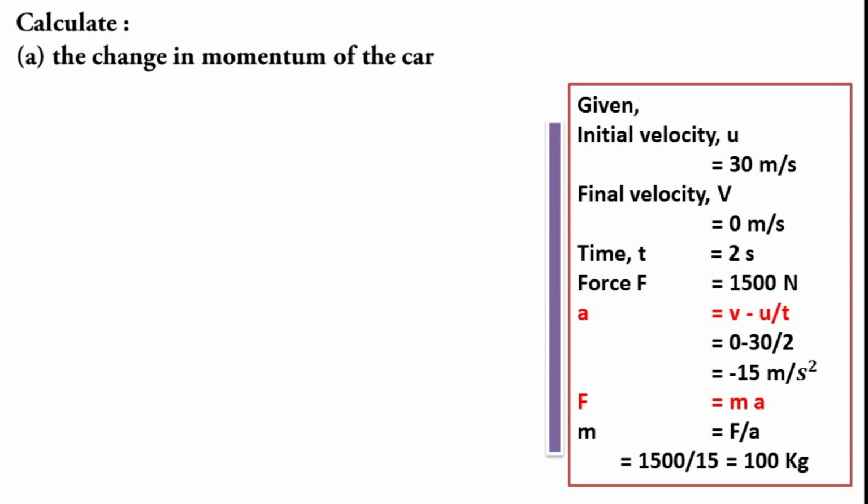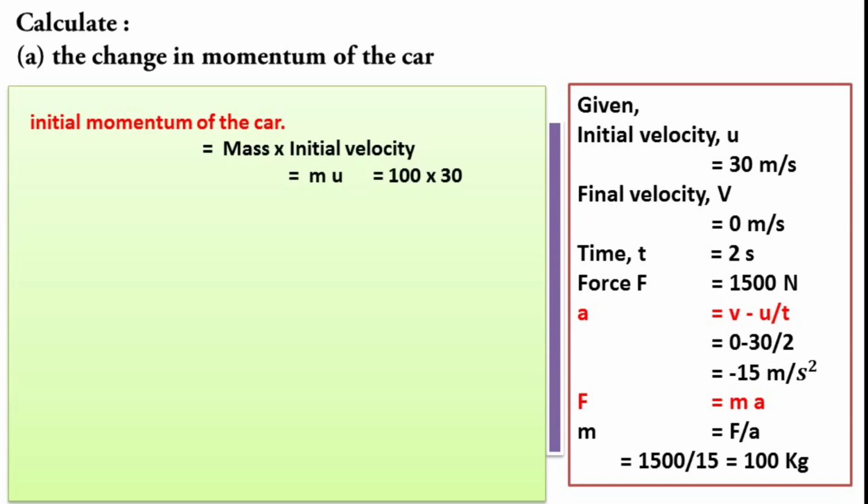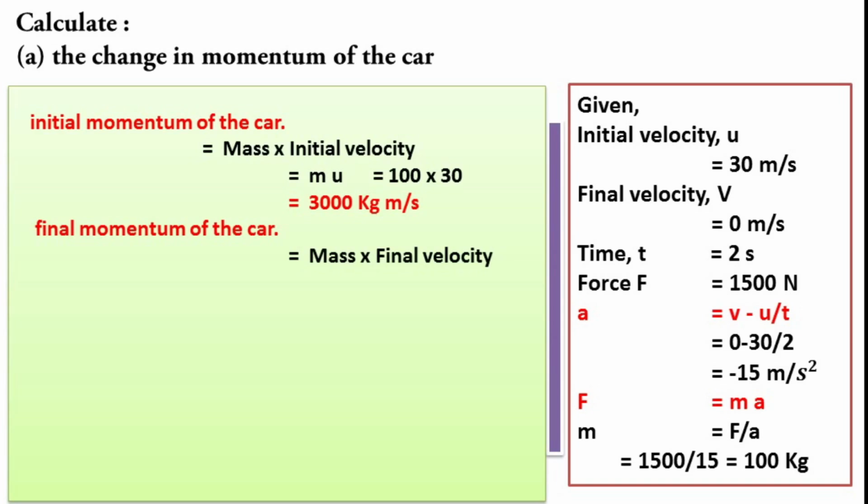Now let us do part A, the change in momentum of the car. We know initial momentum is equal to mass into initial velocity, which is equal to 100 into 30, which is equal to 3000 kilogram meter per second. And final momentum is equal to m into final velocity, which is equal to 100 into 0, which is equal to 0 kilogram meter per second.